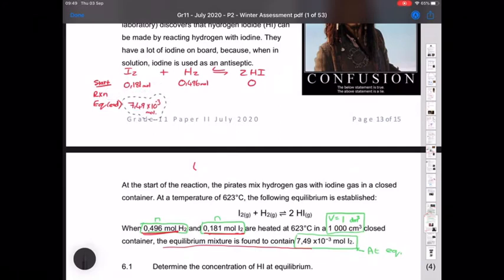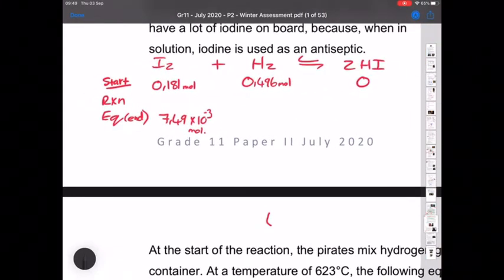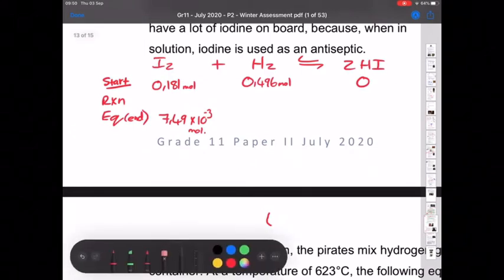And if you started with 0.181, then you would have had to have made 7.49 times 10 to the minus 3 minus 0.181, and that would give you 0.174.